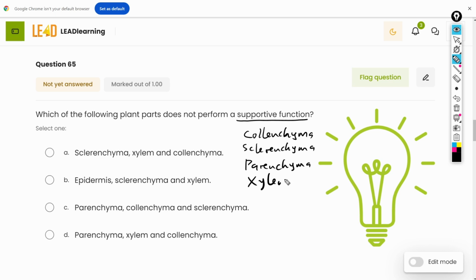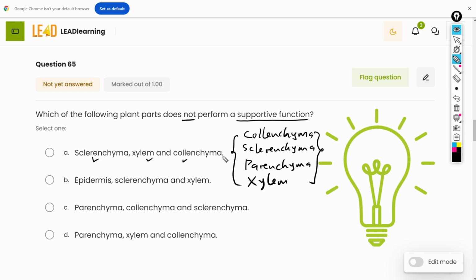So let's look for an option that does not have any of these, or has something that is not among these listed supporting tissues: sclerenchyma, xylem, and collenchyma.